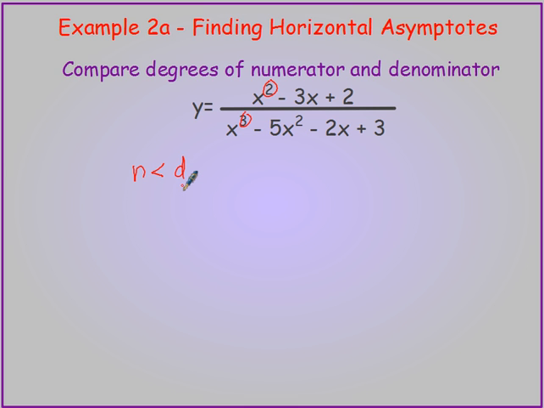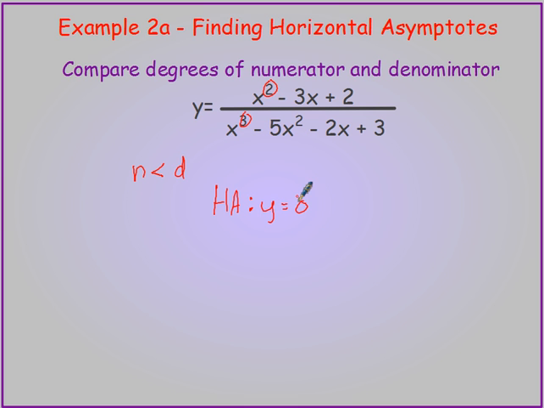So then what does my rule say? So the HA is y equals 0. Simple as that. So the horizontal asymptote is where? At y equals 0. Okay? Because that's part of your rules. Your rule says, if the numerator was smaller than the denominator, the degrees, then automatically it's y equals 0.